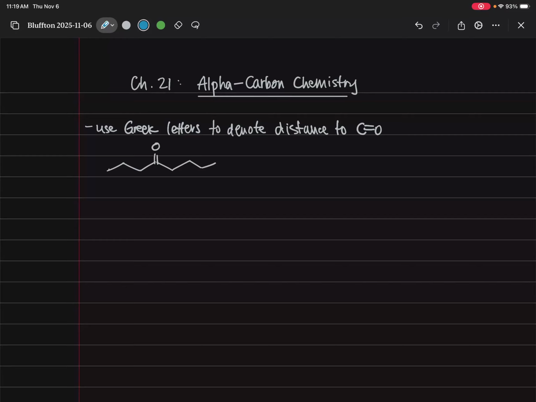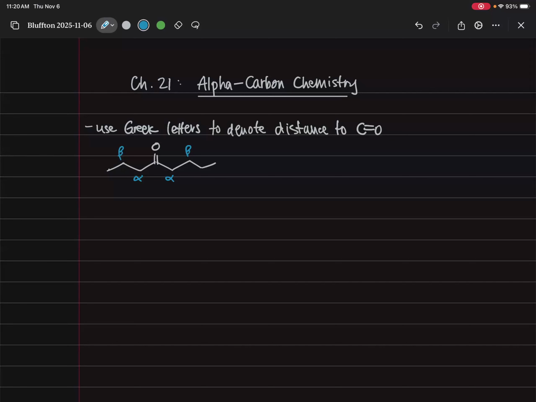The carbon double bonded to the oxygen, we just call the carbonyl carbon. But as we go outward from there, we use Greek letters. The carbon adjacent is the alpha carbon, and then the beta carbon.